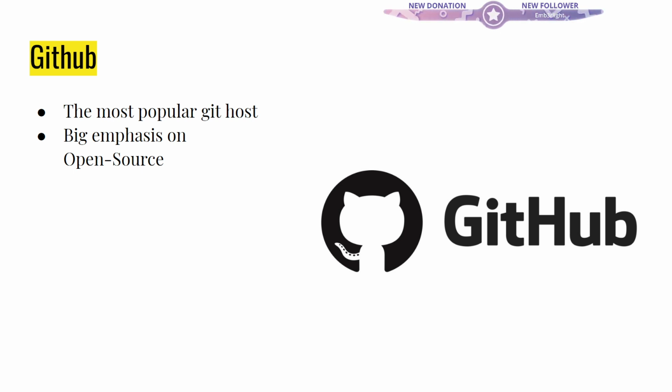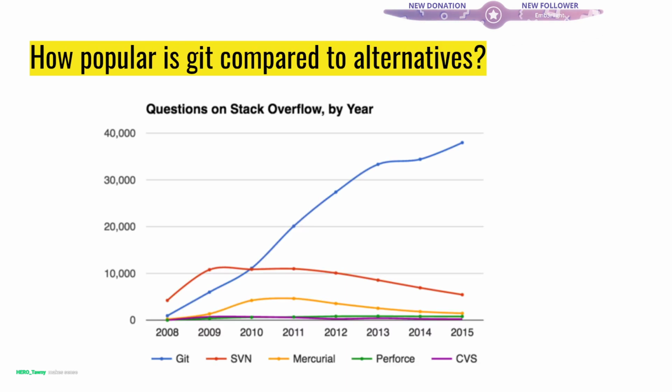GitHub is a host for Git. So GitHub is basically a place with big emphasis on open source. So most of the open source projects can be found on GitHub.